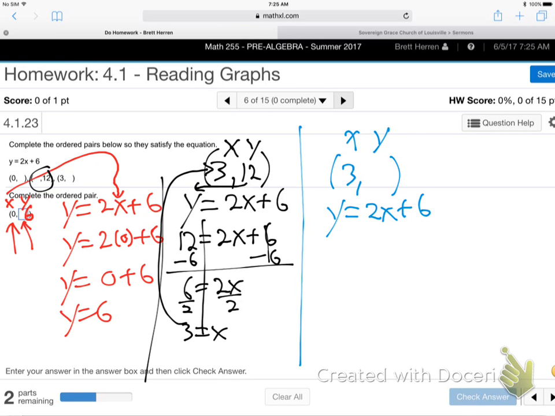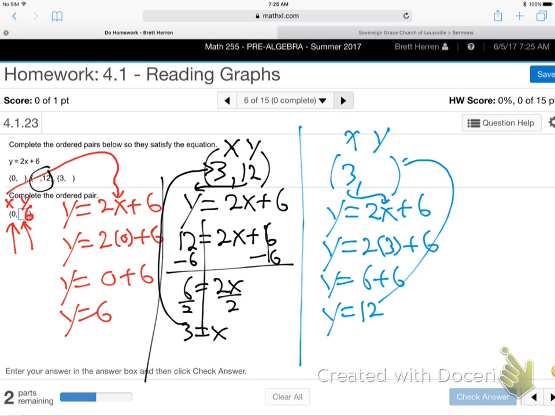So put 3 in for x. Y is 6 plus 6. Y is 12. So bring it back. Y is 12.